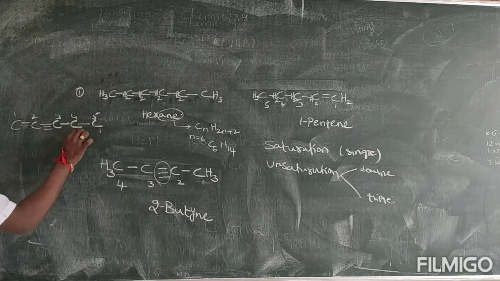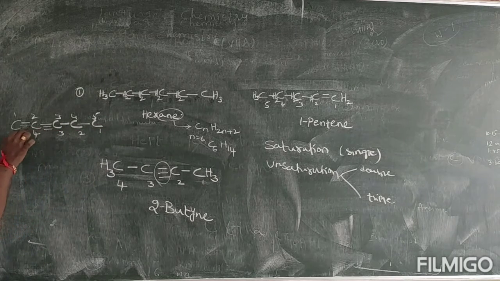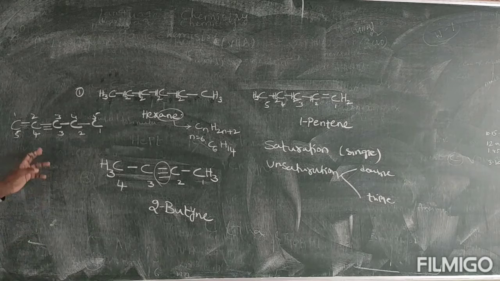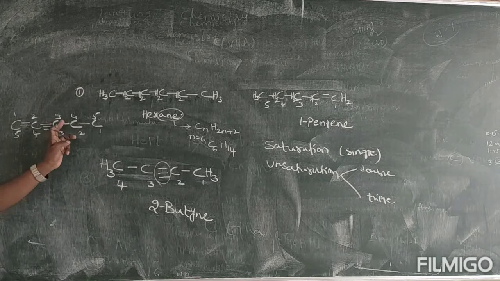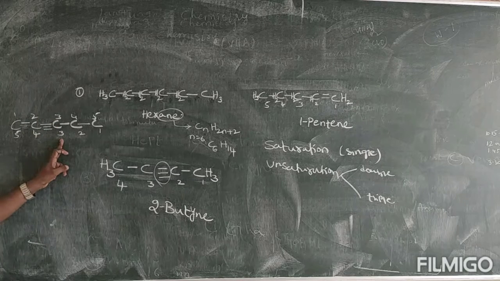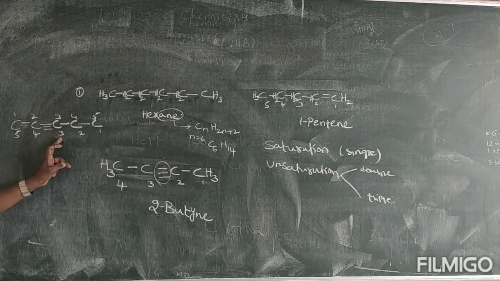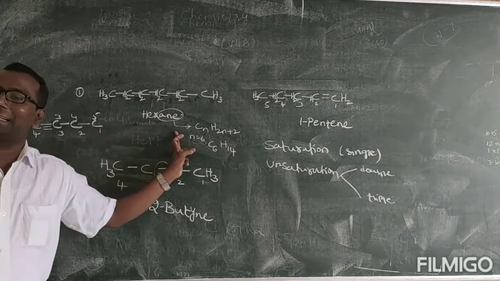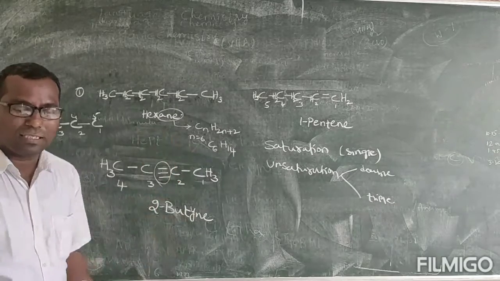And if you take this 1, 2, 3, 4 and 5. So where you get the triple bond least means at third. We will write it as 3-pentyne. So this is the case.